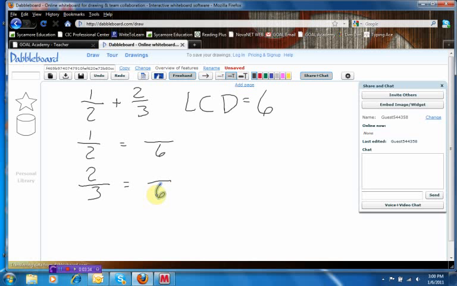Okay? So taking this first one, the 1/2, 2 times what equals 6? What would you multiply 2 by to get 6?